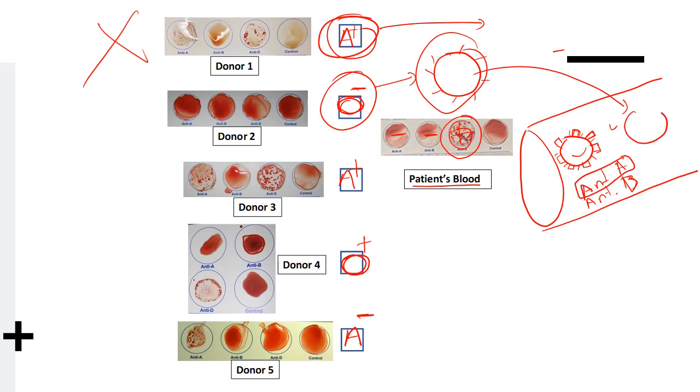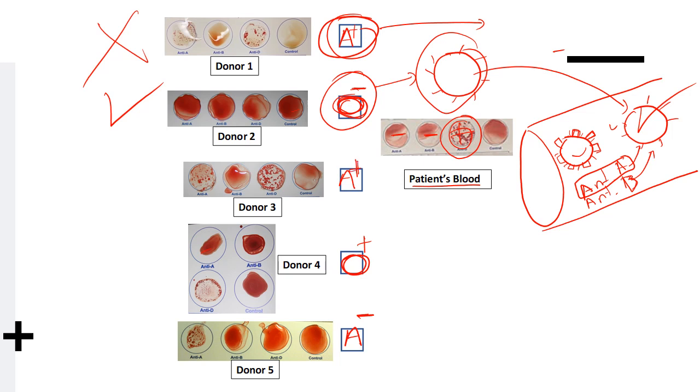When you have these red blood cells here, essentially you don't have any antigens to react, so you can donate. And remember, the O negative is the universal donor. So essentially, if you see O negative, you can donate to everybody.